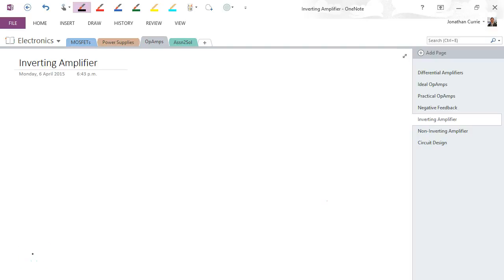In this video we're going to be looking at the inverting amplifier using a single op-amp. In this configuration we've got our inverting input, which I've drawn at the top this time, and non-inverting input, and we've got our output. What we do is apply negative feedback, as we saw in the last video, by connecting a resistor in the feedback path.